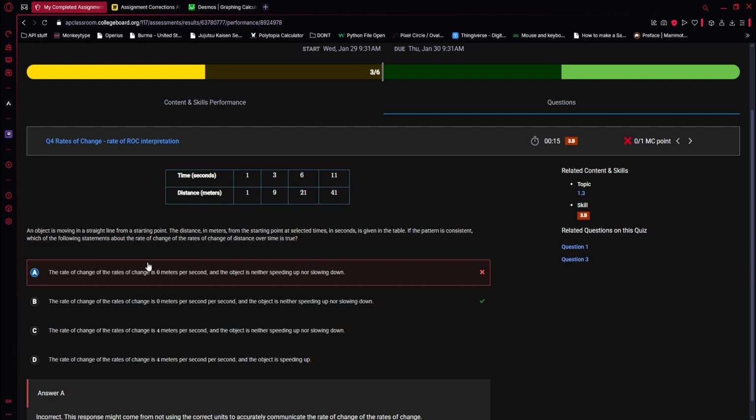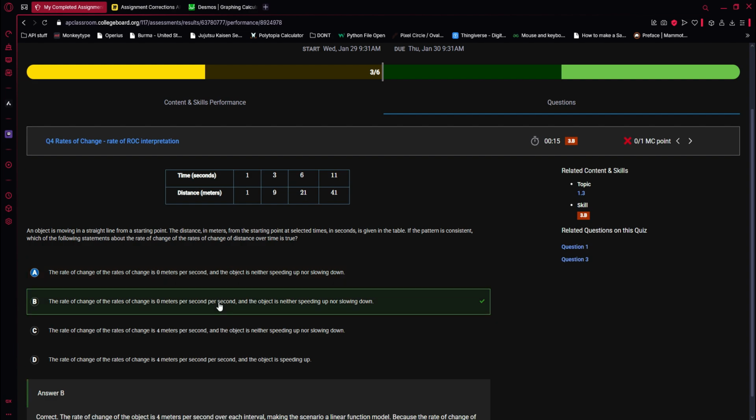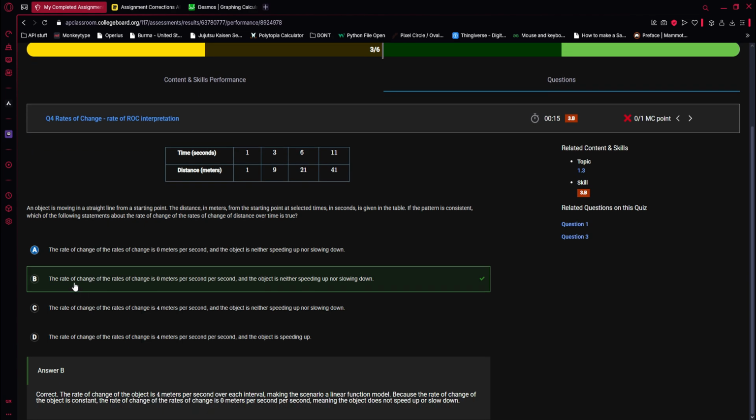Now, apparently, unbeknownst to me, when you have rate of change of rates of change, you also have to go per second per second. Now you may be asking yourself, why? Honestly, I have no idea. That's just the unit you use, I guess. It's because it's rate of change per second, and then there's another rate of change, so there's another per second, I assume.